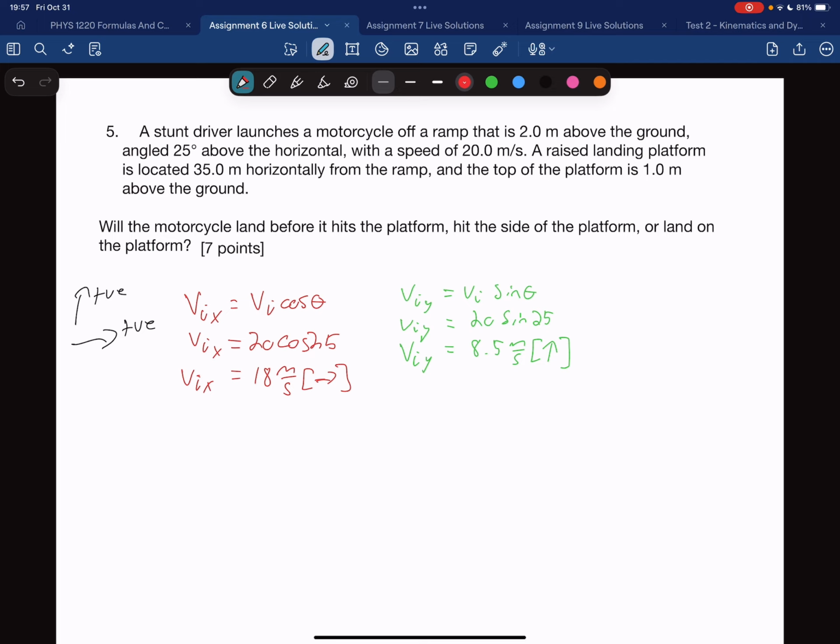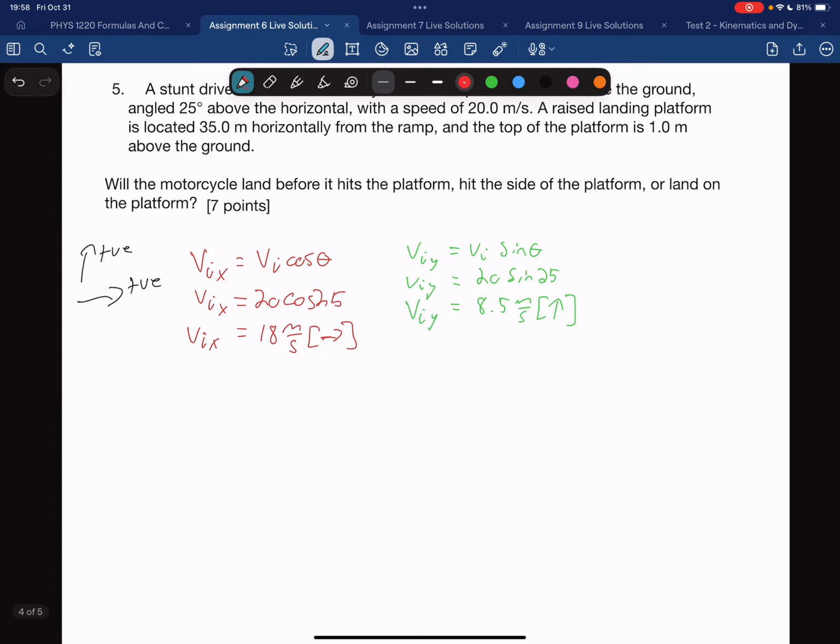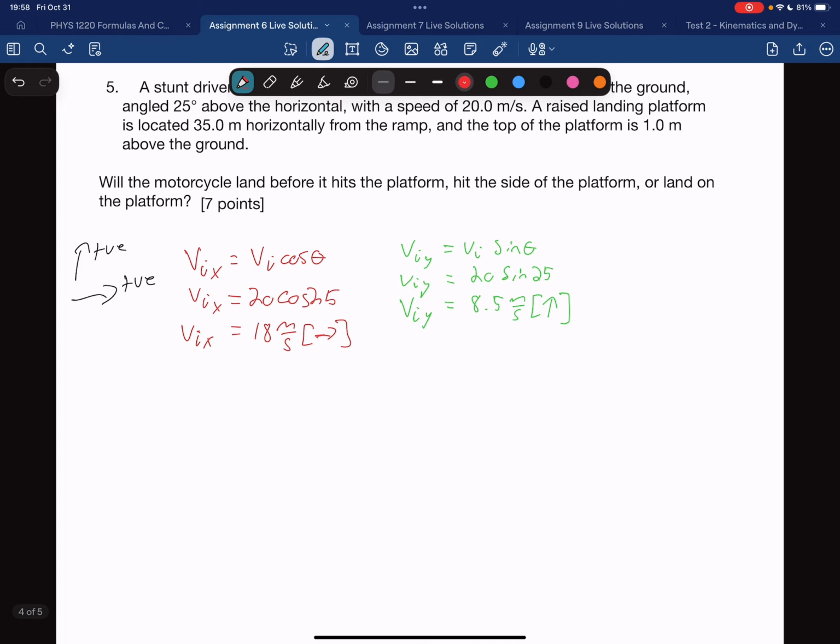So when the motorcycle is in the air, the only force acting on it is gravity. We're ignoring air resistance. So the only force acting on it is gravity, which acts in the y direction. So there's no force acting on it in the horizontal, the x direction, which means that the velocity will be constant there.